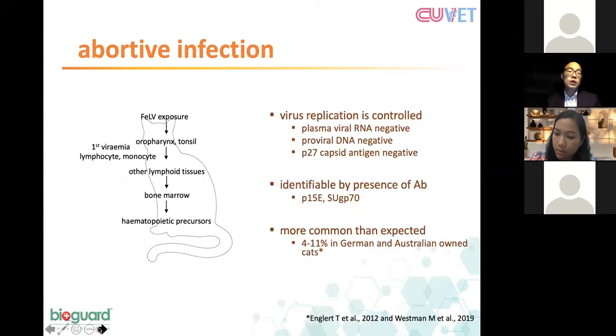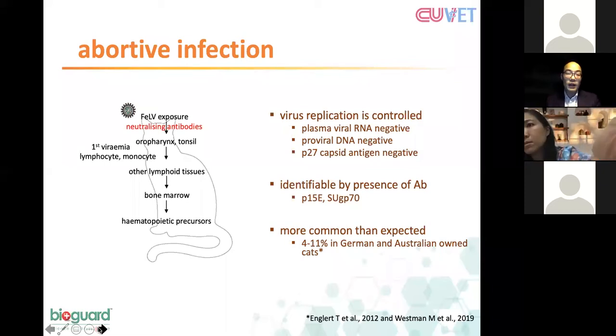Now let's look closely at each type of infection. As I mentioned earlier, the cat is infected with the virus via oronasal exposure. In abortively infected cats, the immune response comes very early, at the very beginning of the infection, where the virus replicates only shortly in the oropharynx and tonsil.